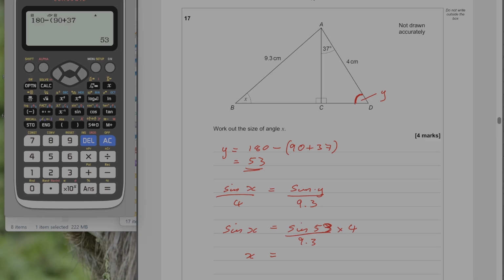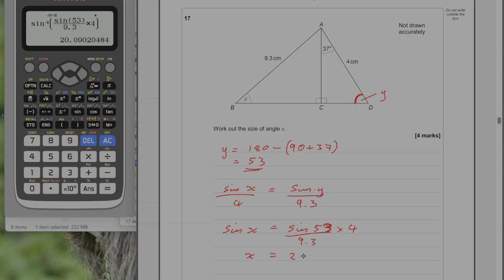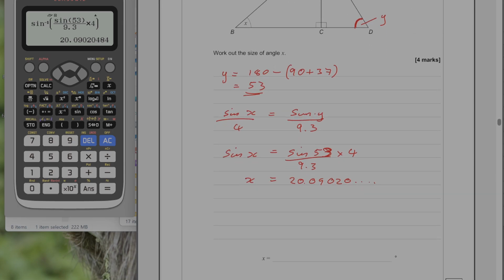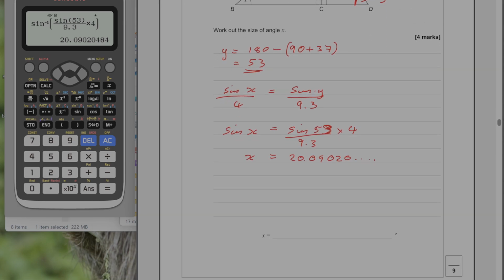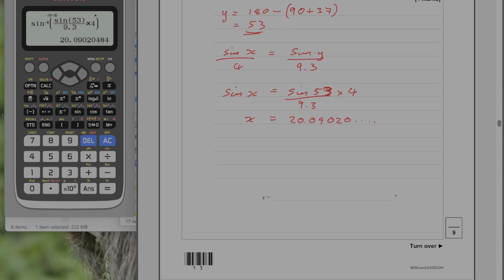So shift sine, type it in as it appears: sine 53 over 9.3, and then I want to times that by 4. So that's going to be 20.09020 dot dot dot. So I'm going to say 20.1.